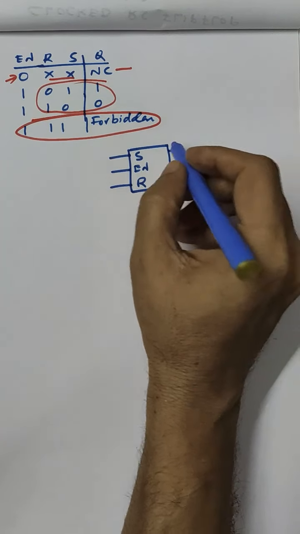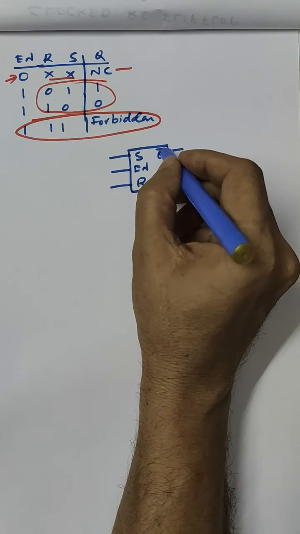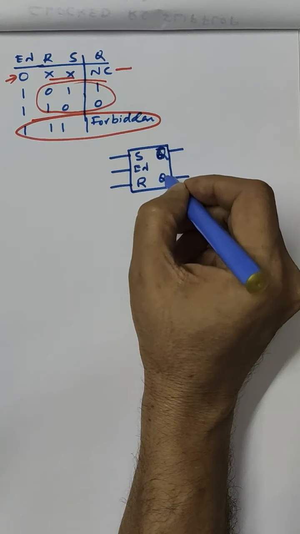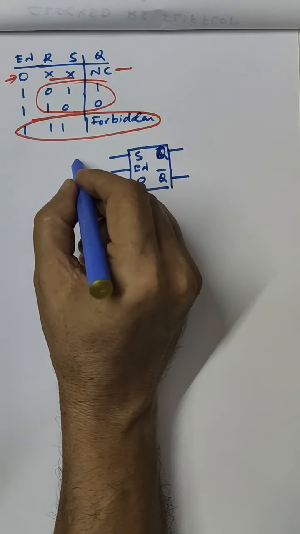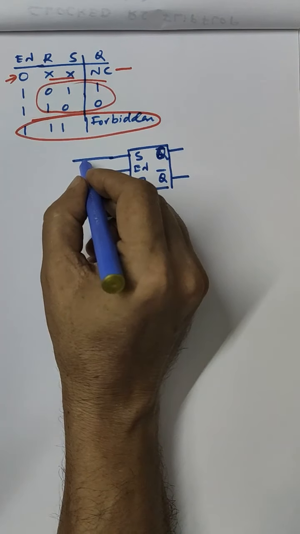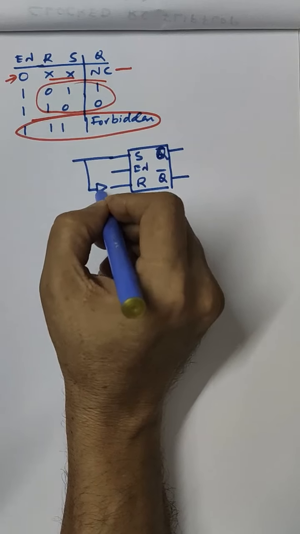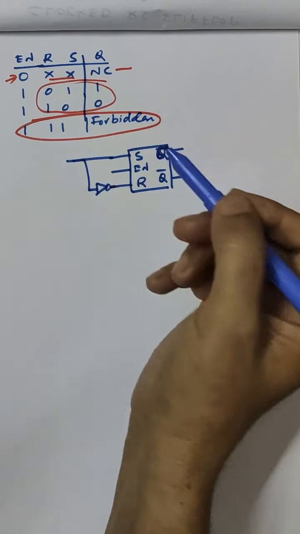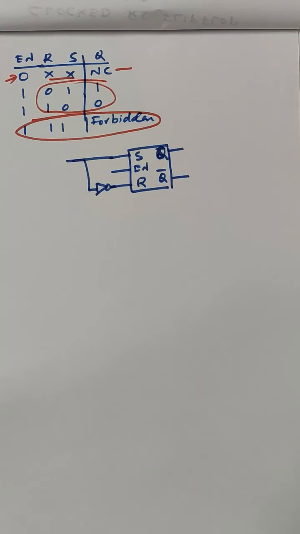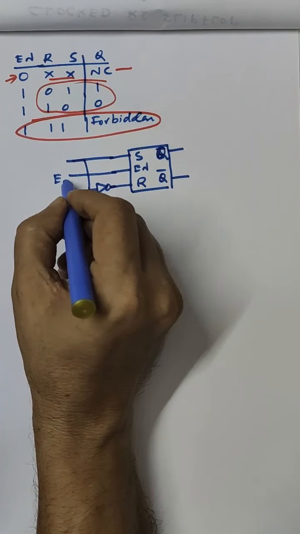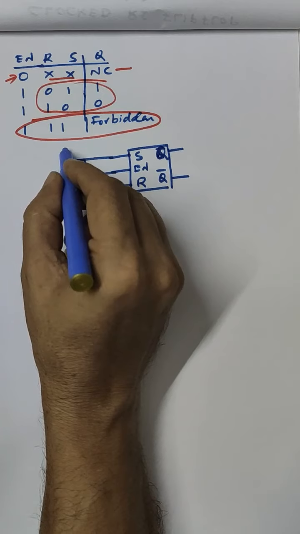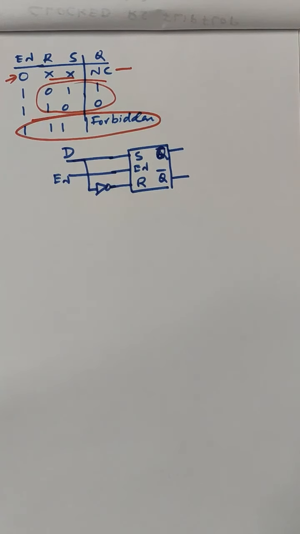Because R is always the complement of the S input, you can derive the R input using a NOT gate. So R and S are combined to form a single input. You can call this combined input D.